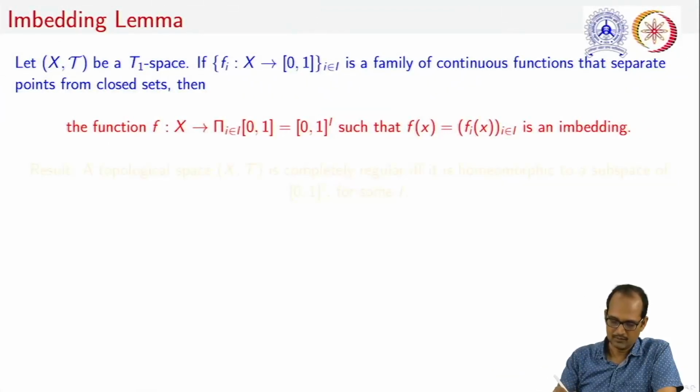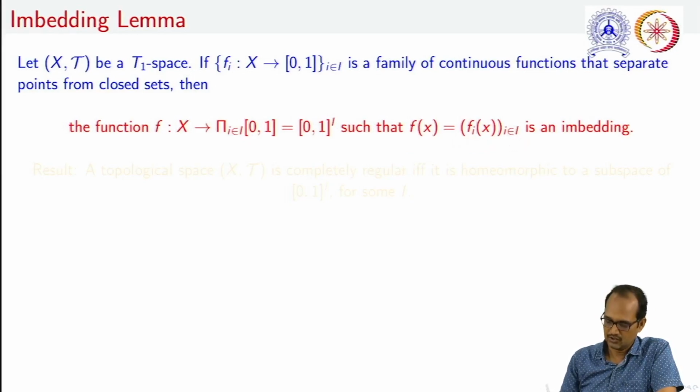Now coming to the precise statement of the embedding lemma: if (X, tau) is a T1 space, and this is a family of continuous functions that separate points from closed sets, note that this is a collection of continuous functions from X to the closed interval [0,1], then the function f from X to the product of these closed intervals, which we also denote by [0,1]^I, where I is the index set, such that f(x) equals the components f_i(x), i belongs to I, is an embedding.